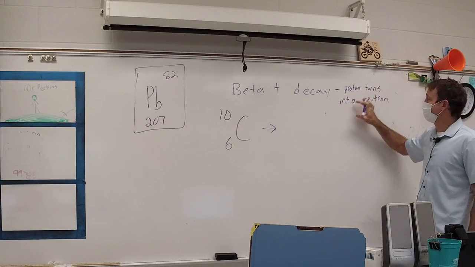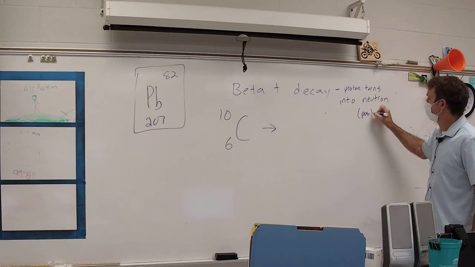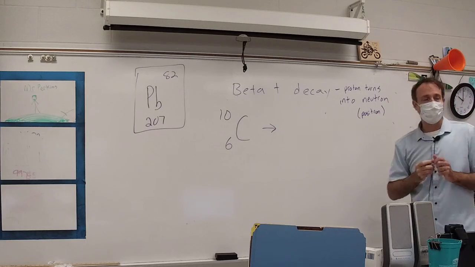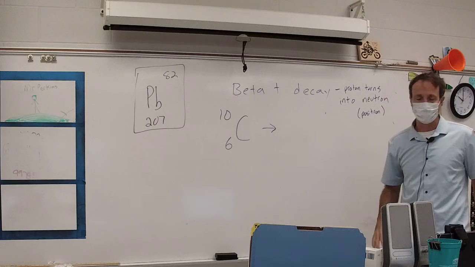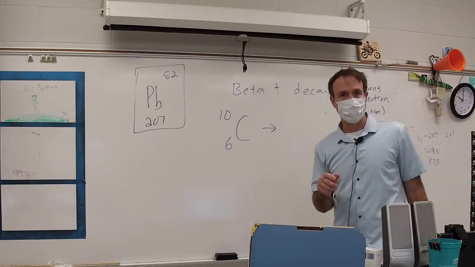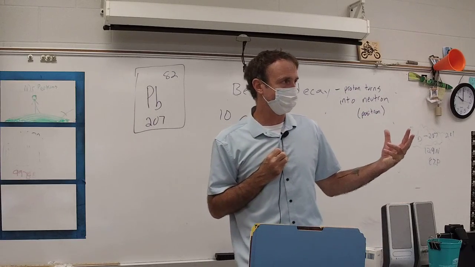If a proton turns into a neutron, a positron is emitted. And a positron, I know you're like, what is a positron? It's an antimatter electron. Doesn't that clear it up? That's a joke. But a positron is literally just a positive charge that doesn't have any weight like an electron.